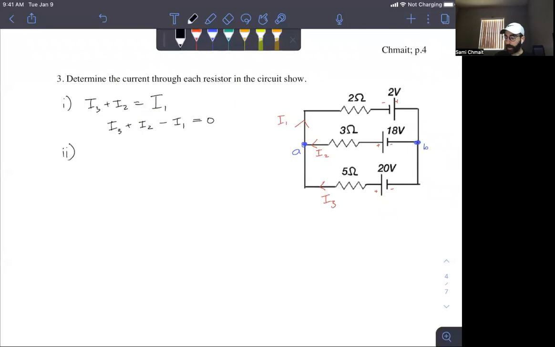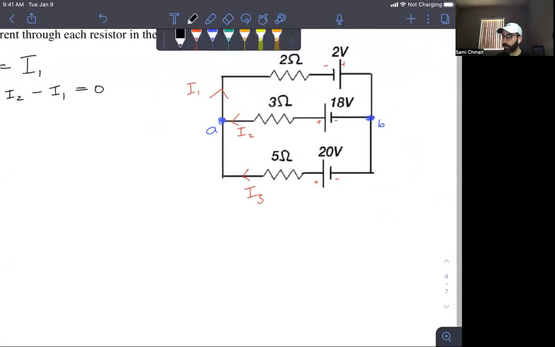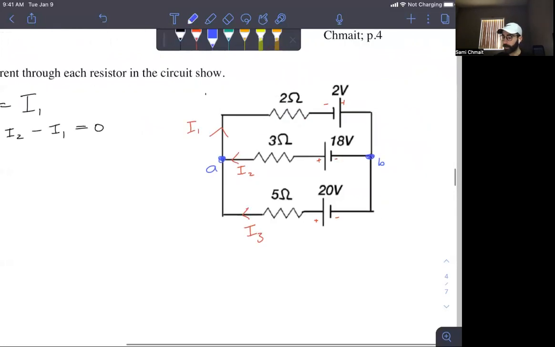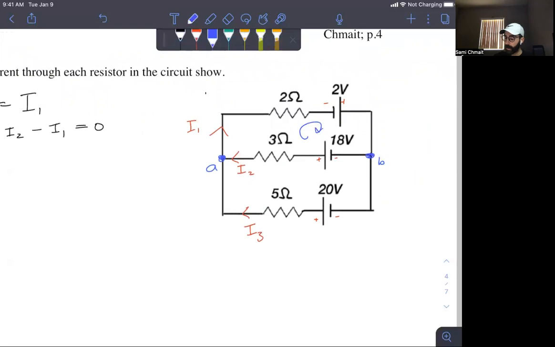And then part 2, the loop. I can just choose my loops. I normally like to just do the two interior loops because they typically have fewer things included than the full loop on the outside. I'll start up here. I have a loop going clockwise, and it agrees with the direction of current I1.